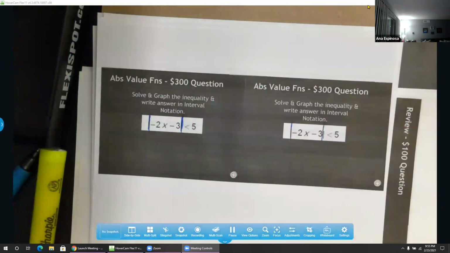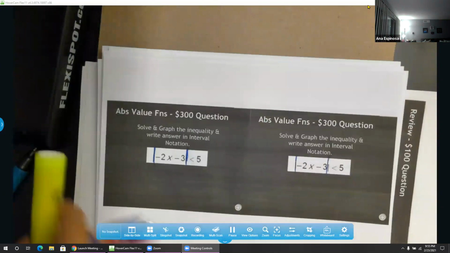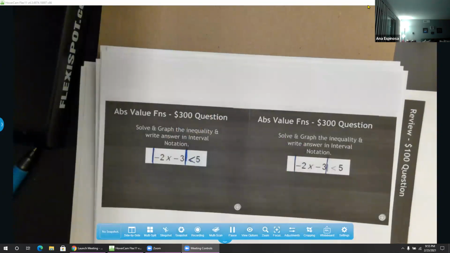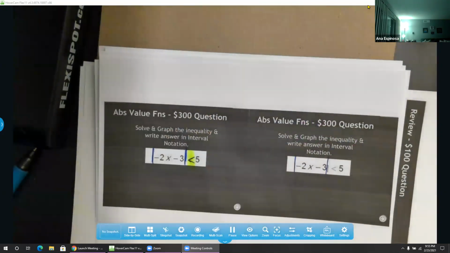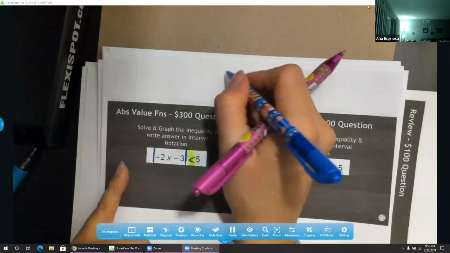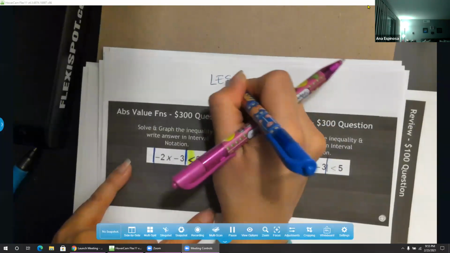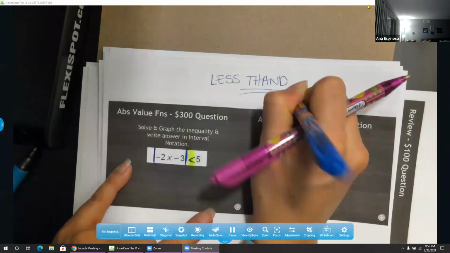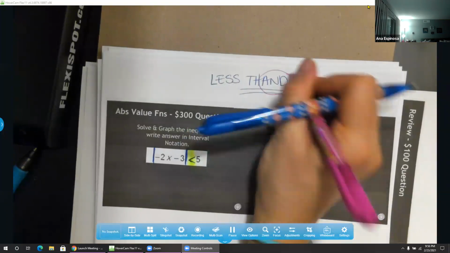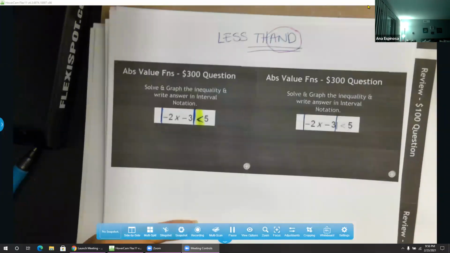So when you have one of these, you want to be able to know what kind of symbol this is. This is a less than. So when you are dealing with less thans, you're going to remember less than. Why this? Because you're going to have to know that this is an and problem.